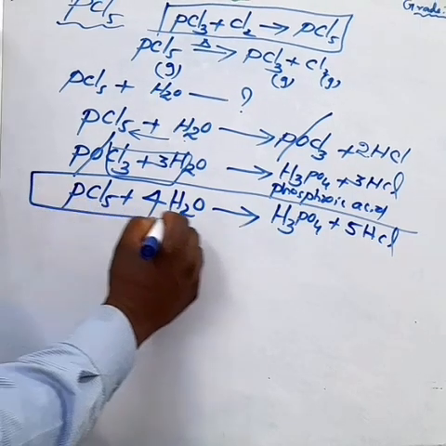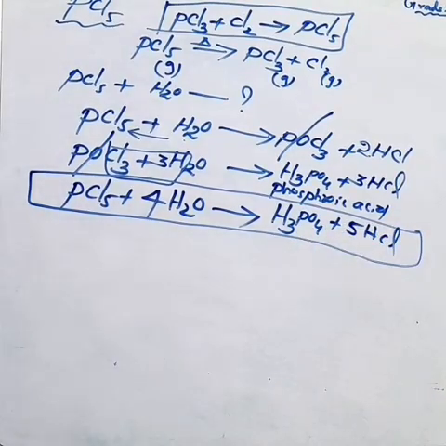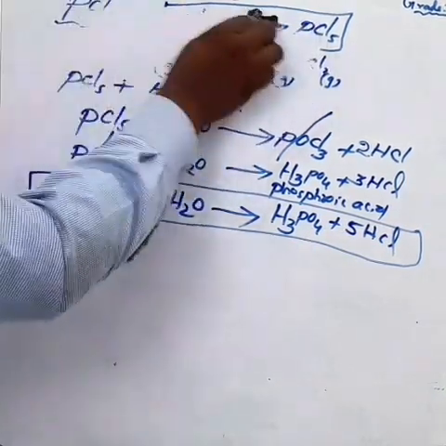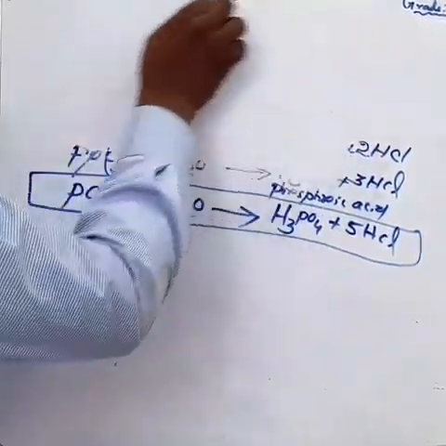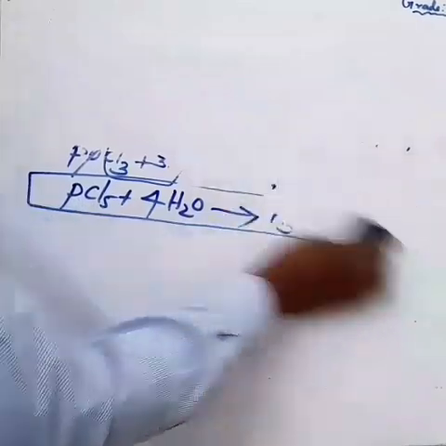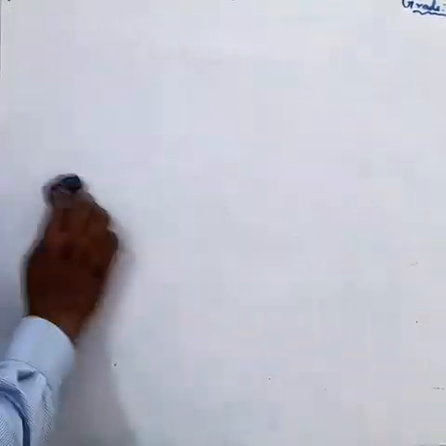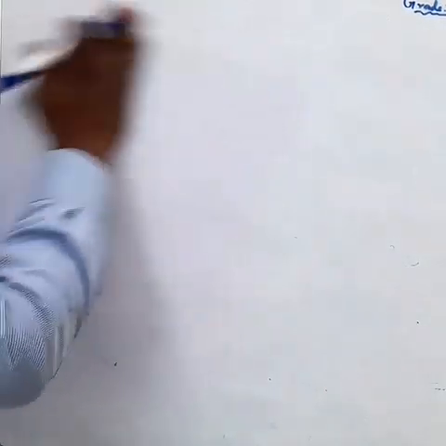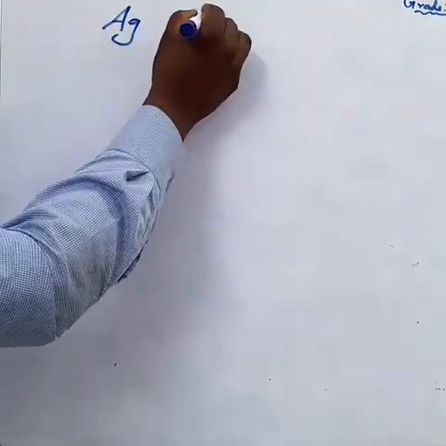Next, one of the important points. What happens when phosphorus pentachloride reacts with metals? We are taking 2 metals, one is silver and the other one is tin.